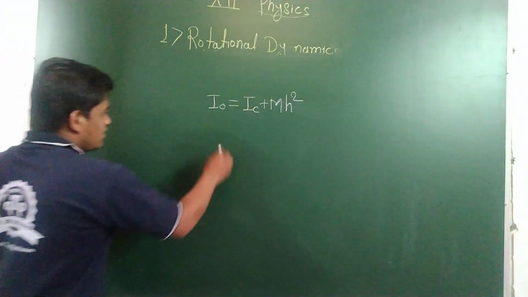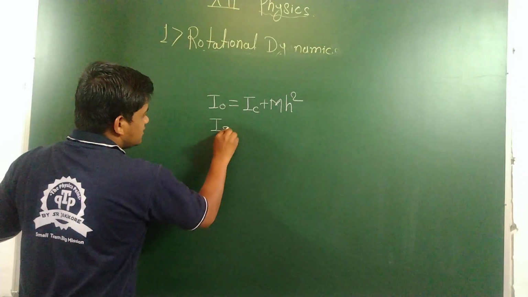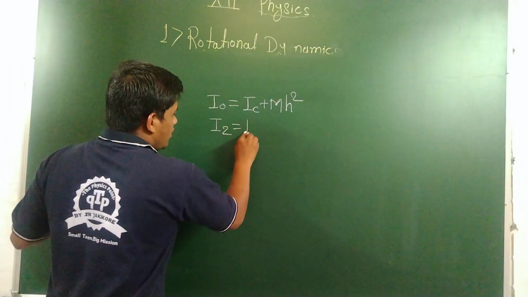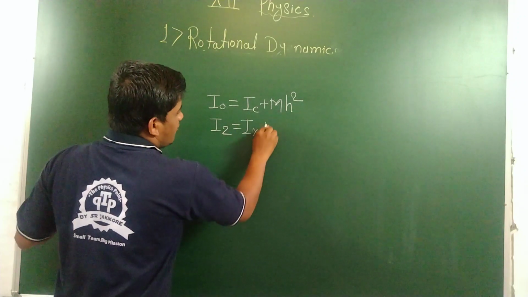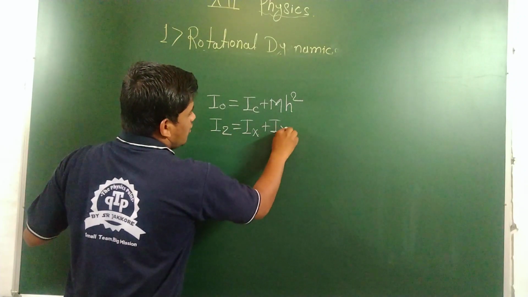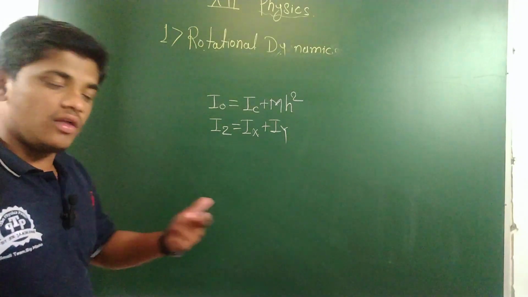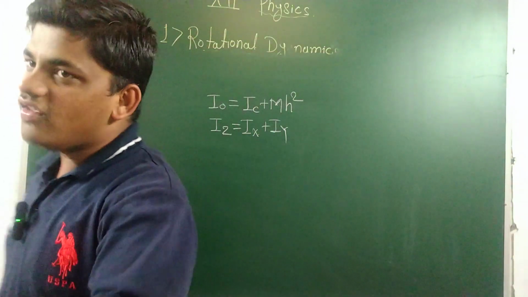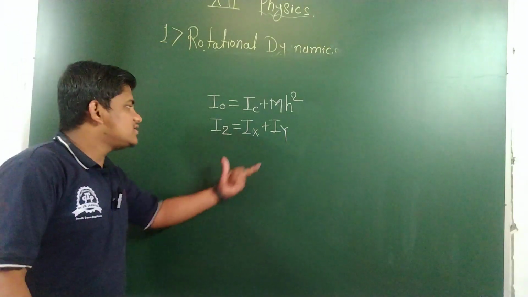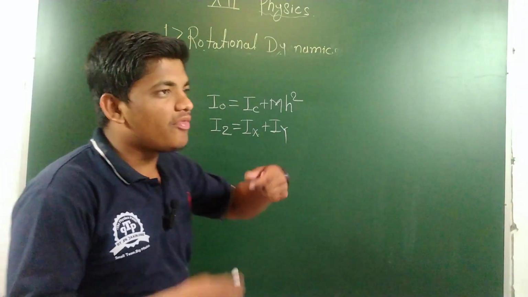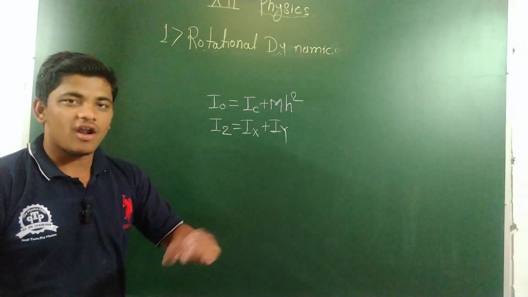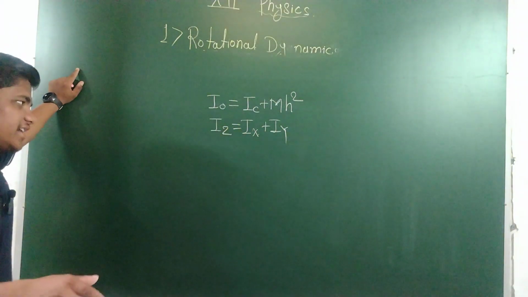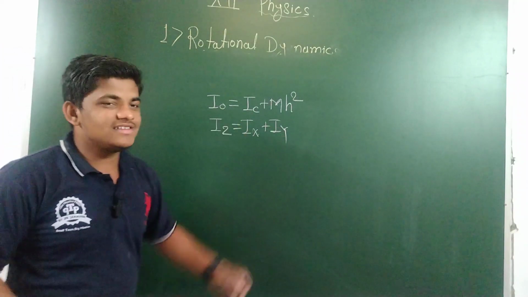Another theorem we will discuss in another lecture is the theorem of perpendicular axis. The moment of inertia of an object around an axis passing through the object and perpendicular to the plane of the object is equal to the sum of the moments of inertia about the two axes which lie in the plane of that object, and all three axes are concurrent.